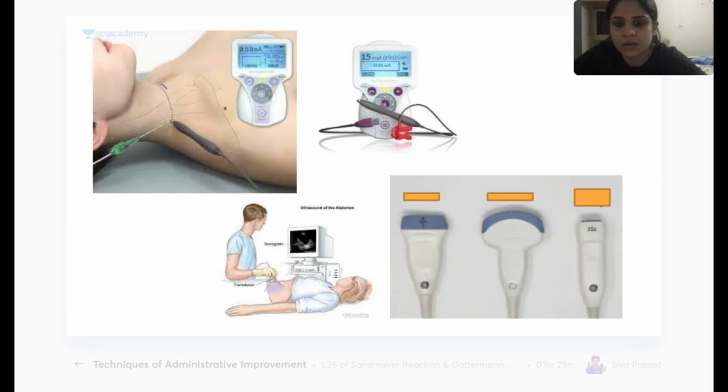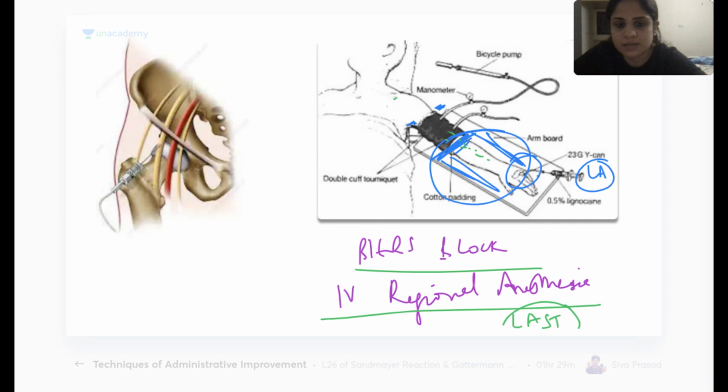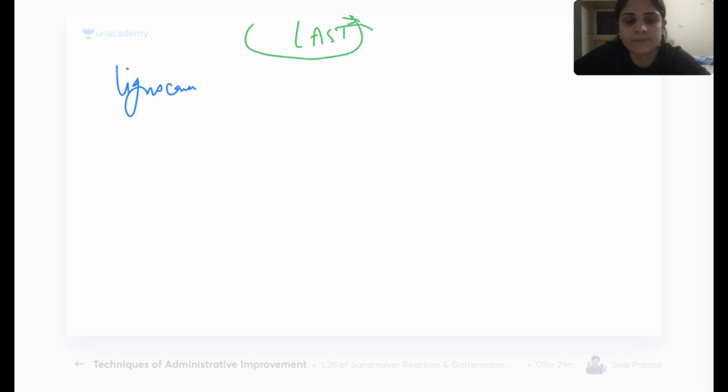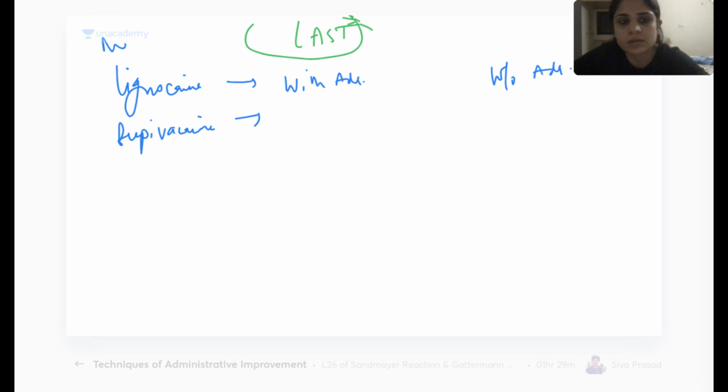Alright, so let me explain LAST for you guys. So what is local anesthetic systemic toxicity? First of all, you need to know the maximum dose of lignocaine with adrenaline and without adrenaline, and then the maximum dose of bupivacaine that is allowed.